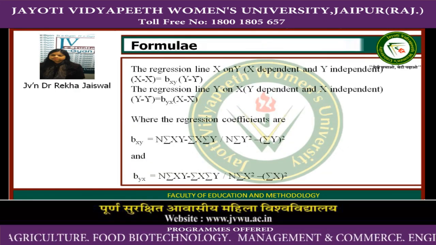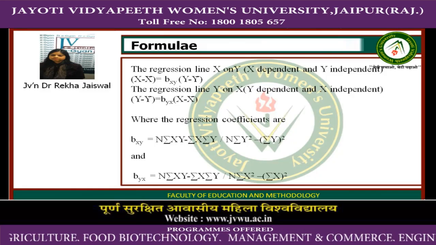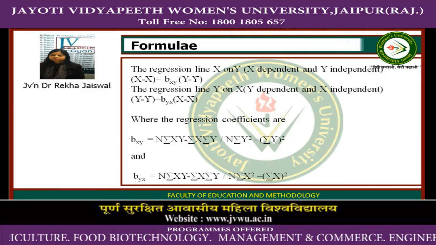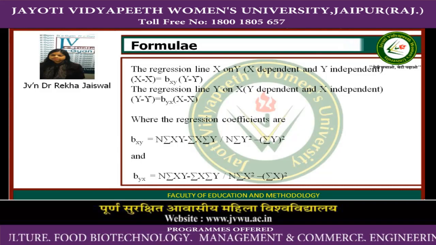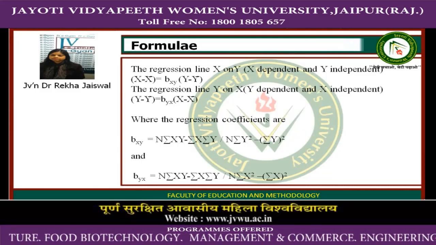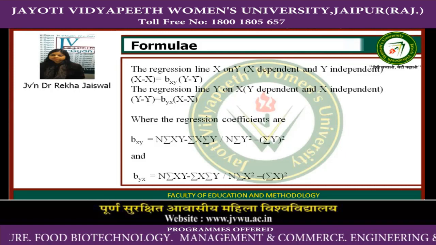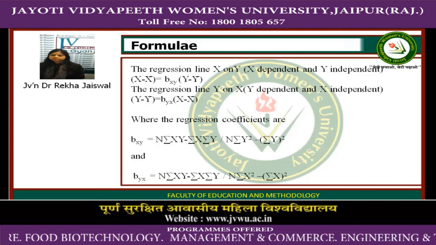What formulas can we use to solve the problems? We find the regression line of x on y, where x is dependent and y is independent: x minus x bar equals bxy into y minus y bar.